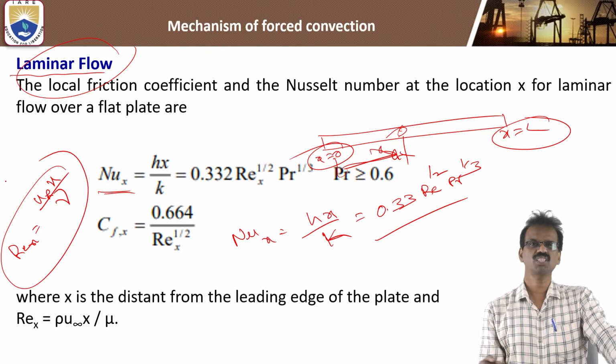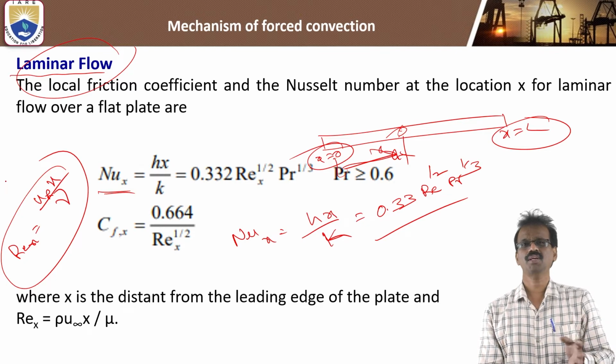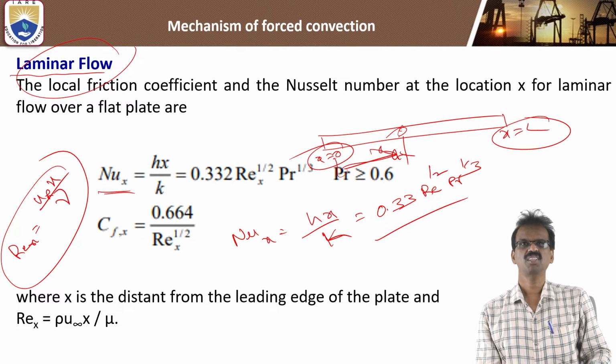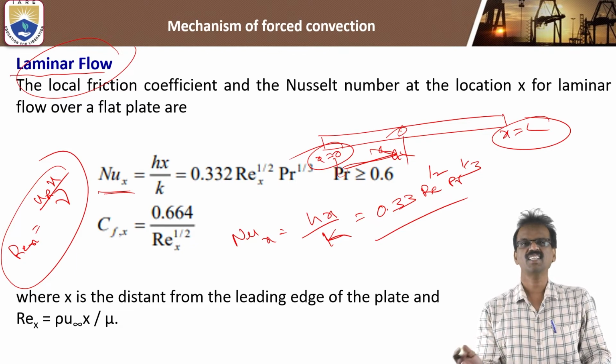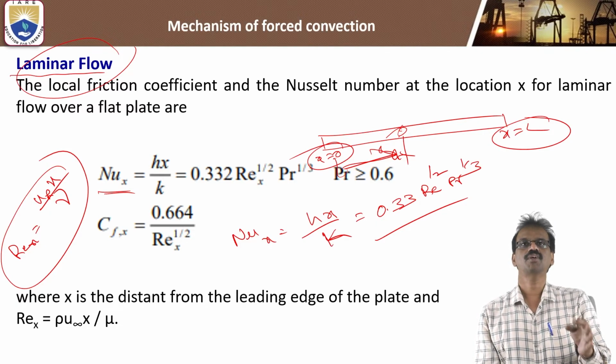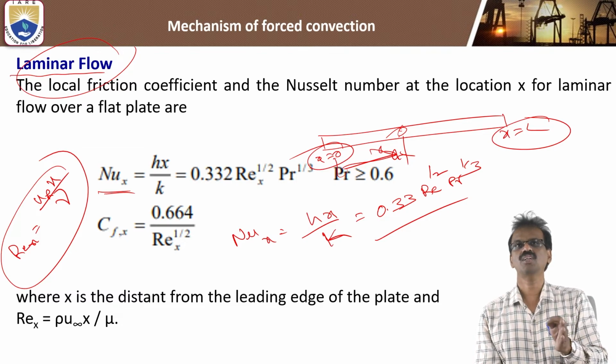By using this Reynolds number, if the value is less than the critical Reynolds number, that is laminar flow. If it is greater than the critical Reynolds number, that is turbulent flow. So based upon the Reynolds value, you can identify the type of flow.